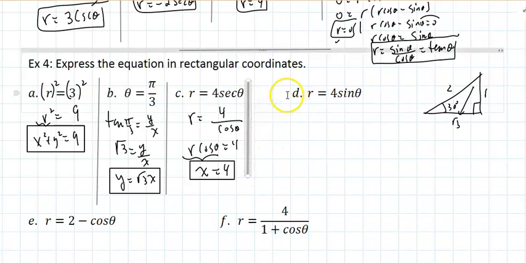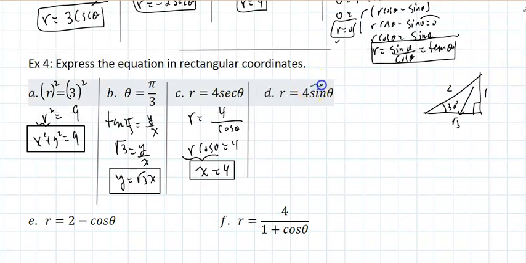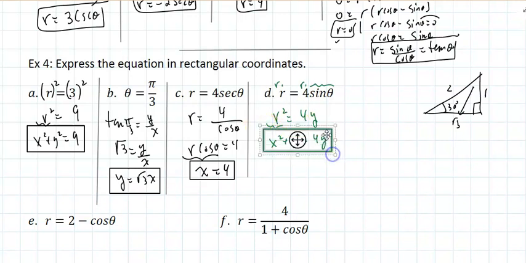And if I look at example D, I notice, again, the starting point for me is I see a sine with no r. To get an r there, I multiply both sides by r. This will be r squared equals 4 times r sine of theta, which is y. Isn't this x squared plus y squared? Now, this is sufficient for me. That's all I need. What they do, they complete the square and show that this is a circle.